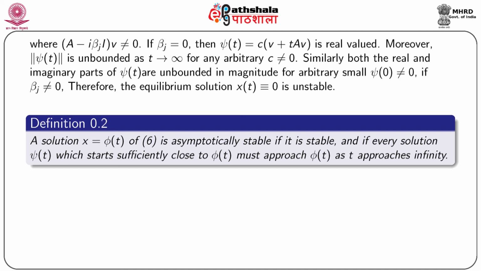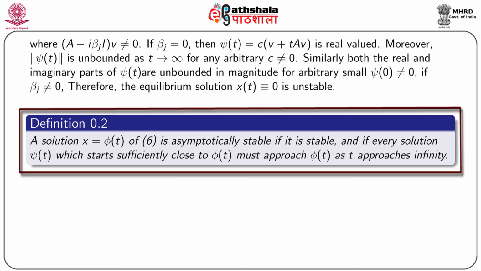Similarly, both the real and imaginary parts of psi(t) are unbounded in magnitude for arbitrarily small psi(0) not equal to 0 if sigma j is not equal to 0, and therefore, the equilibrium solution x(t) equal to 0 is unstable.